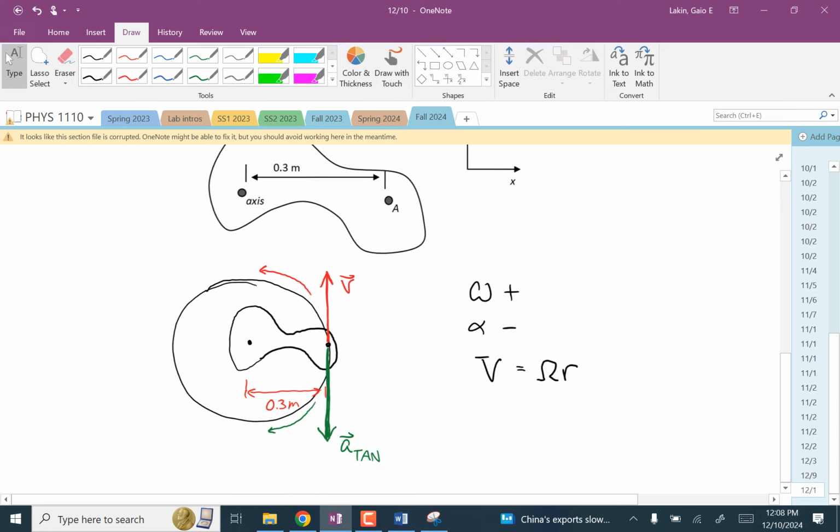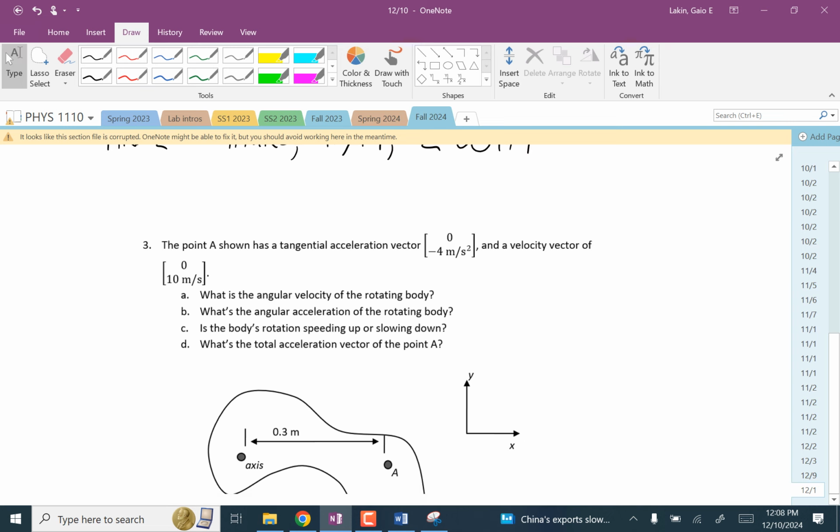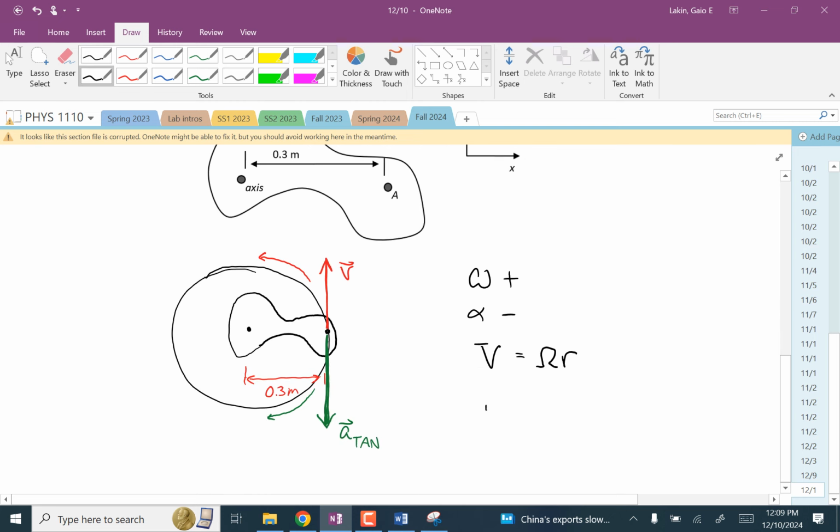The speed is 10. That's just the magnitude of the velocity vector. So 10 is equal to this absolute value of the angular velocity times 0.3.